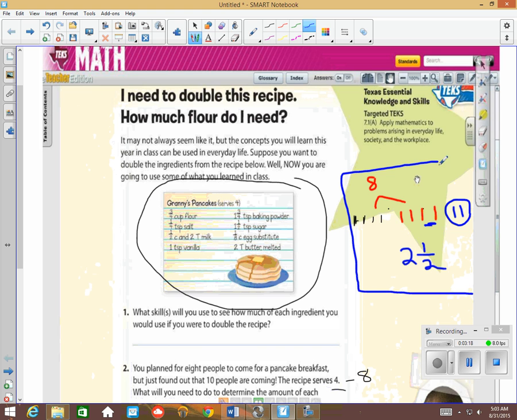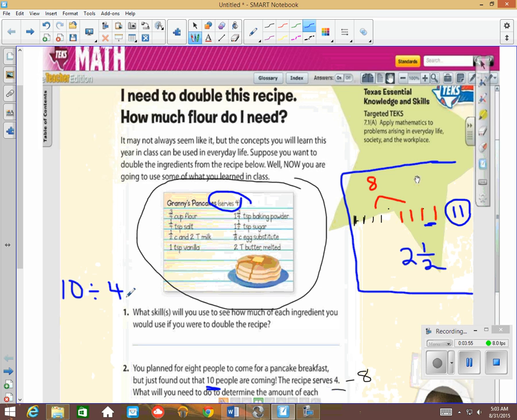Okay, that's one way of looking at it when you draw a picture. Made a little diagram. Another way of looking at it is, hey, I have 10 people coming, okay? And I know this recipe serves 4 people. Okay. So another mathematical way to do it is you can just simply go 10, total people, divided by 4.